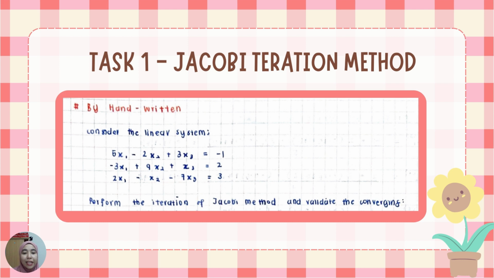First, look at the system of linear equations as shown above. From the equation, I will explain briefly about the process of Jacobi iteration. First step, we will start out with a guess for the unknowns x1, x2, and x3.